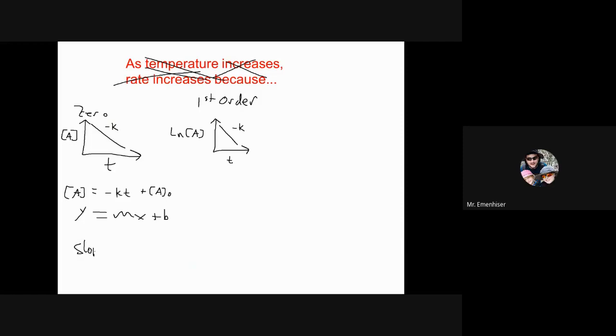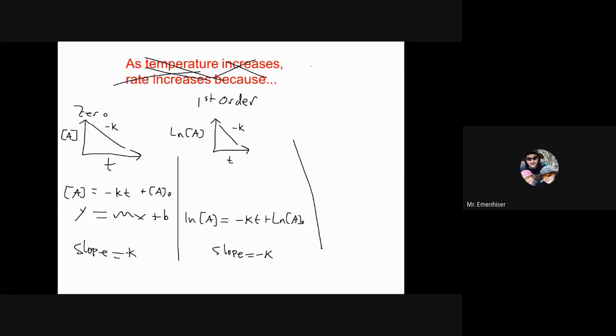Slope equals negative K. All right, for our first order, the natural log of A will be equal to minus K times T plus the natural log of our original concentration. So that's the first order integrated rate law. And the slope will be equal to minus K again because it's negative.